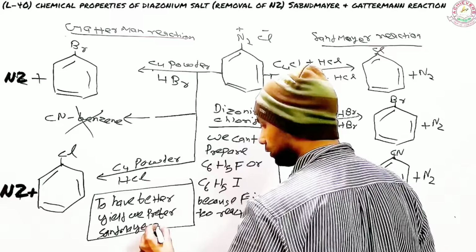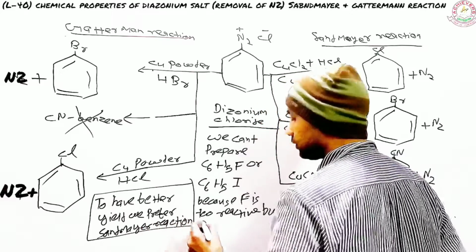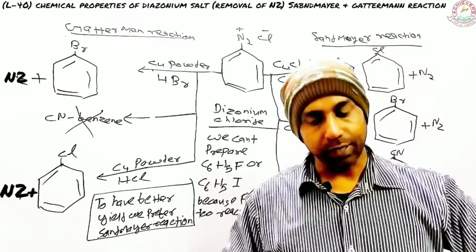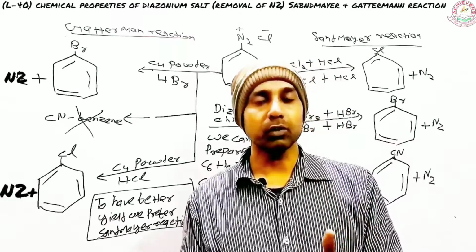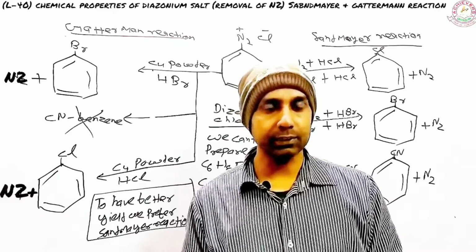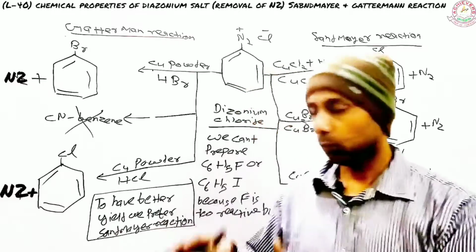That is what the Sandmeyer and Gattermann reactions are. I will talk about the preparation of iodobenzene and fluorobenzene by some other reaction in the next lecture. Let me repeat what I just did.